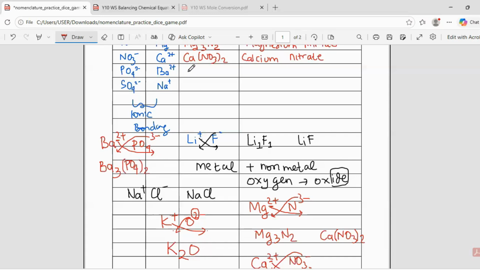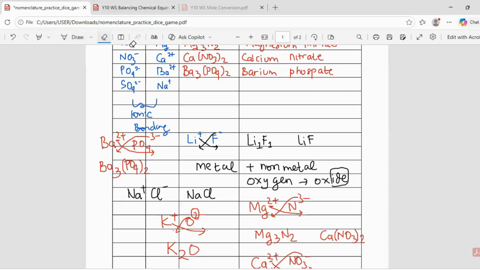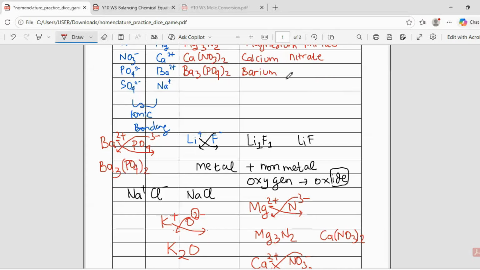So it is Ba3(PO4)2. And the name is barium. The name of the metal, we state it as it is, barium. And PO4 is phosphate. Barium phosphate.